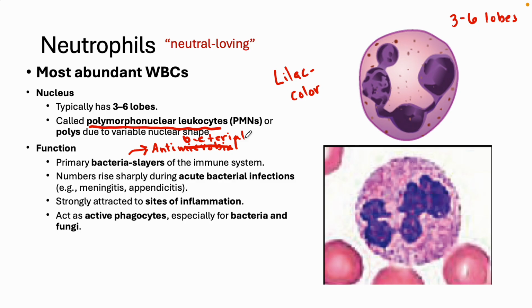So they primarily attack the bacteria, and so when you have an acute bacterial infection like meningitis or appendicitis, they are typically going to be elevated and can make up a higher percentage of your leukocytes in those instances. They also can act as phagocytes for bacteria and fungi.